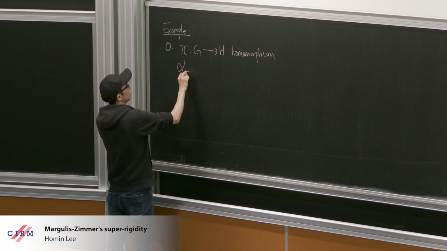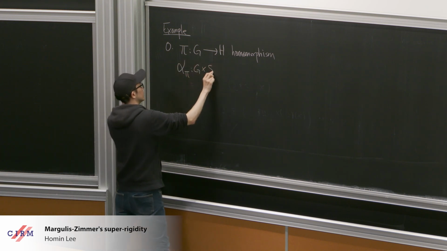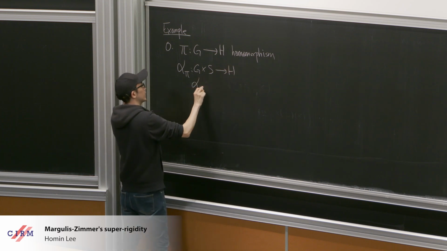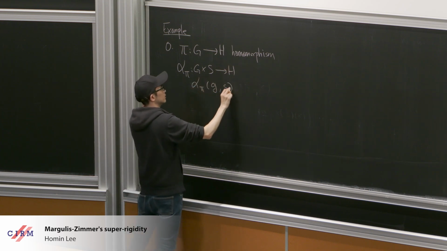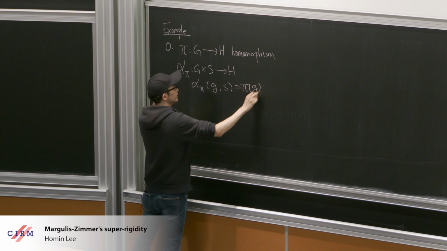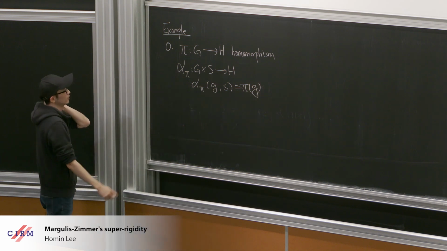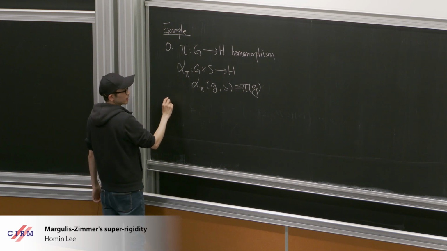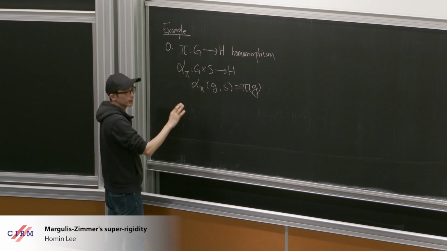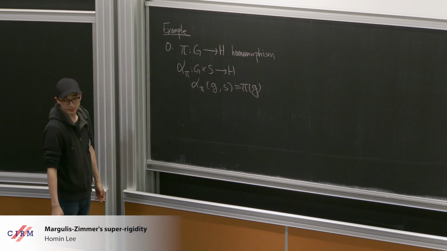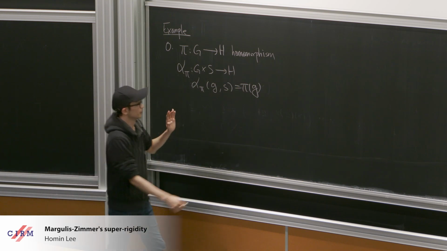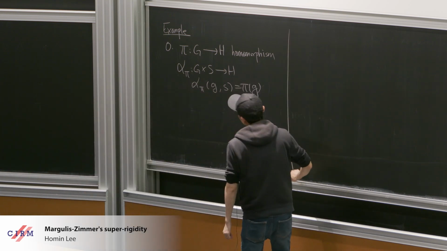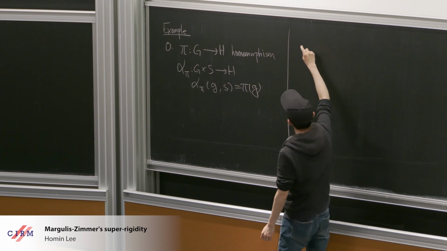We can define the cocycle by just pi of G, right? So this is the first example of the cocycle, and I want to say that cocycle is somehow the generalization of the homomorphism. But this is quite trivial.